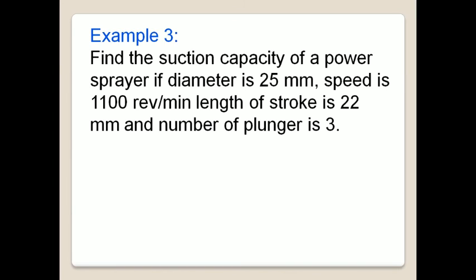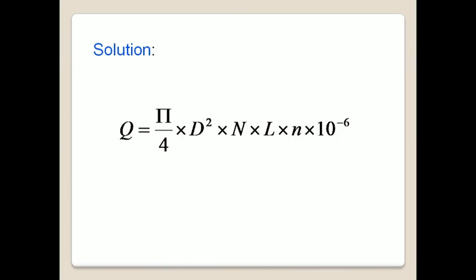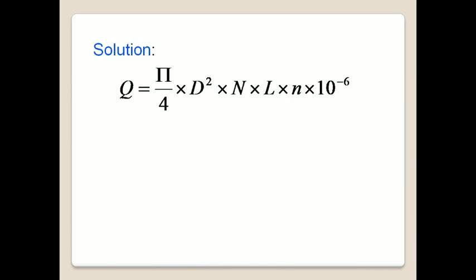Then the next example, find the suction capacity of a power sprayer if the diameter of the plunger is 25 millimeters, speed is 1100 rpm, length of the stroke is 22 millimeter, and the number of plungers are 3. So this is the ready-made formula. In that formula, you can put all the values, pi by 4 multiplied by d square multiplied by N multiplied by L multiplied by small n into 10 raised to minus 6.